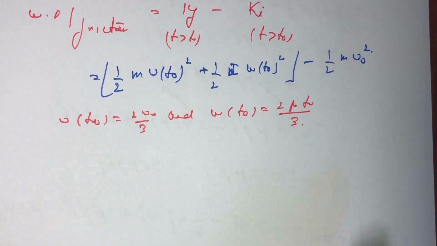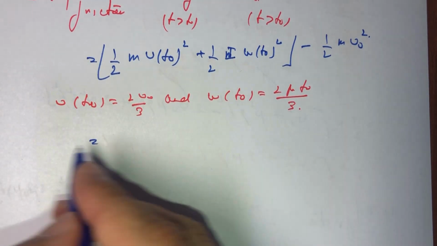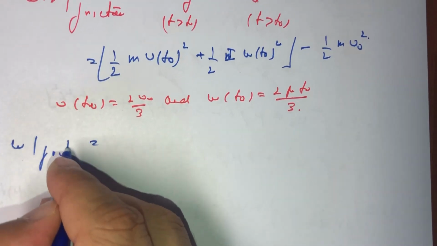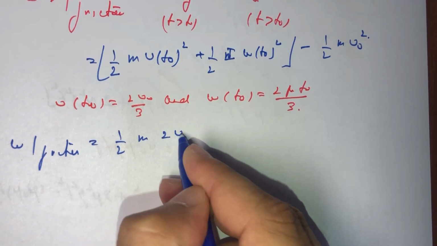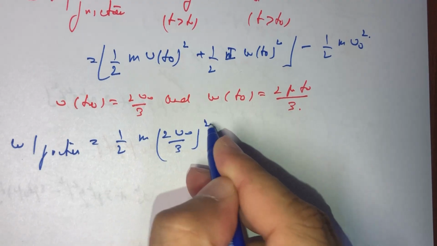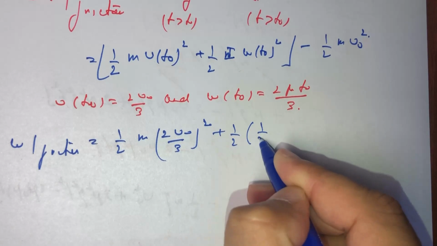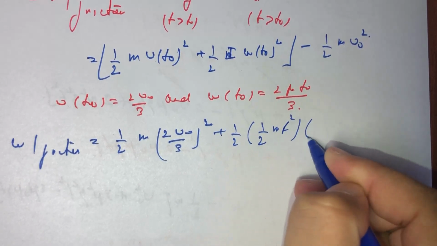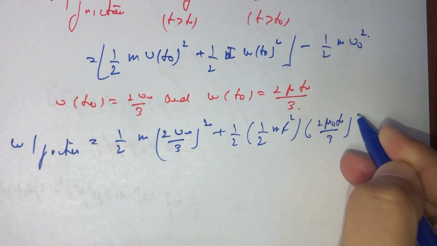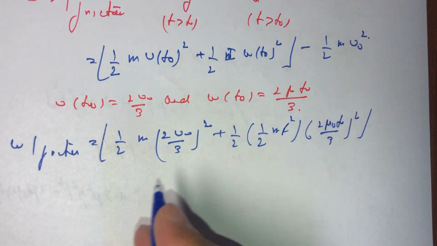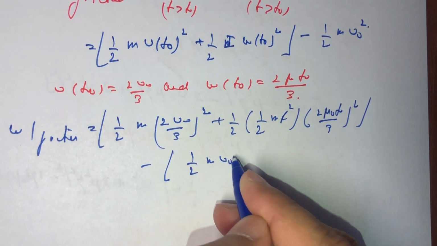Substituting these values, the work done because of the friction is equal to half m times 2 v naught by 3 whole square, plus the moment of inertia, which is half m r square, times 2 mu g t naught divided by 3, minus half m v naught square.